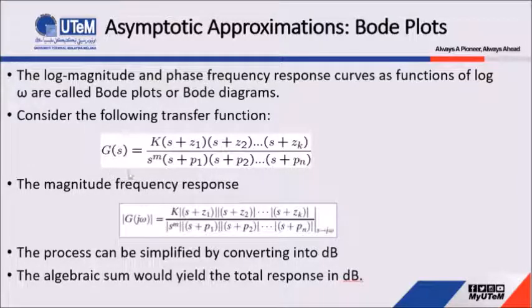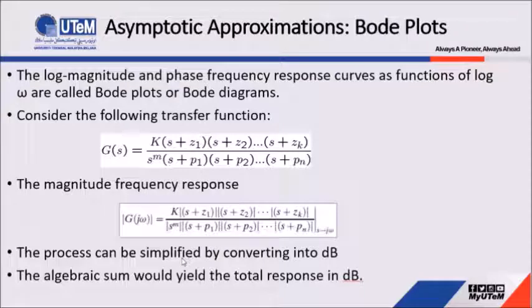From this transfer function, we can find the magnitude frequency response by changing s to j omega for all terms inside this equation, so that each term becomes j omega plus k.